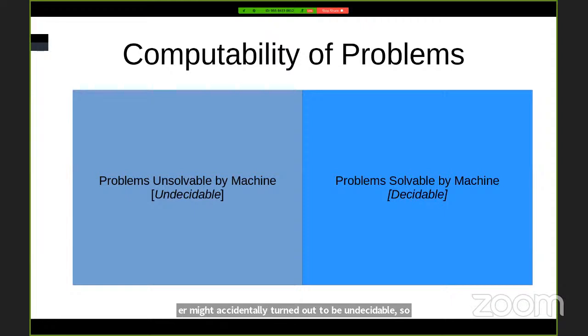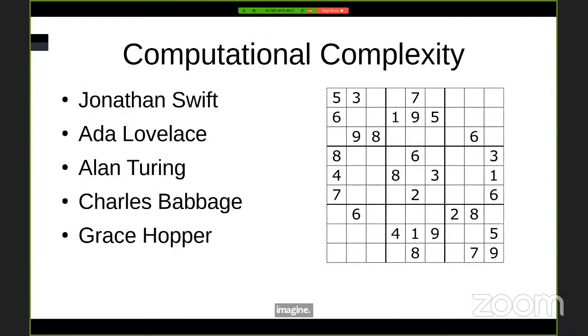But even if a problem is decidable, that is, it can be solved by a machine, it turns out that problems are richer than we actually imagined. So to understand that, let's take a slight tour of a subject in theory called computational complexity. I have two problems here.